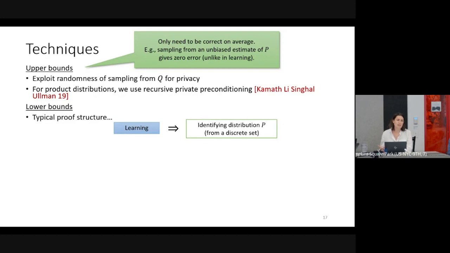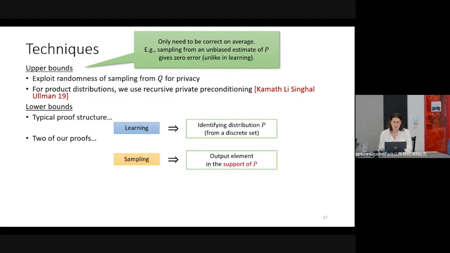We can't really do that here because a single sample is not enough to identify a distribution. So instead, what we argue in two of our proofs is that sampling implies that the output will be in the support of P most of the time. And then we argue that if you don't have enough input samples, differential privacy says that you won't be in the support of P, to get our contradiction.